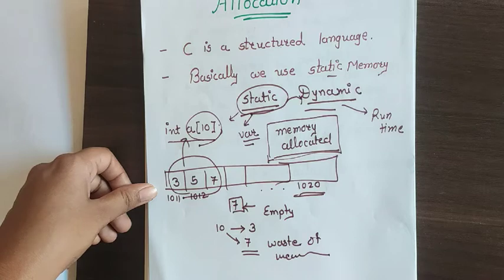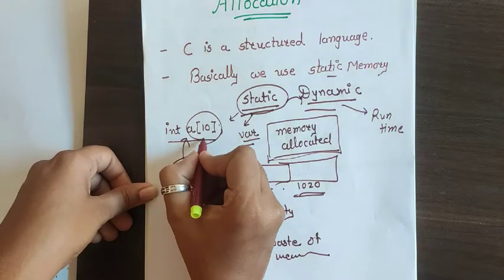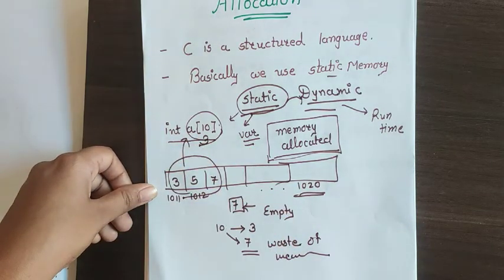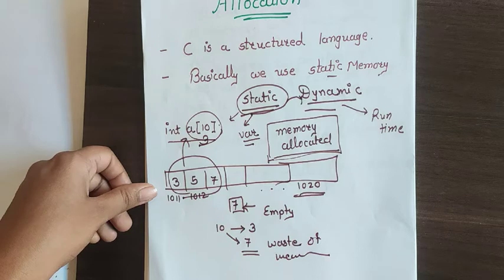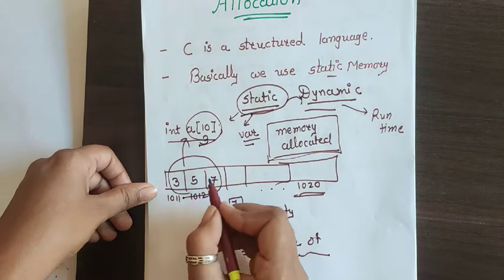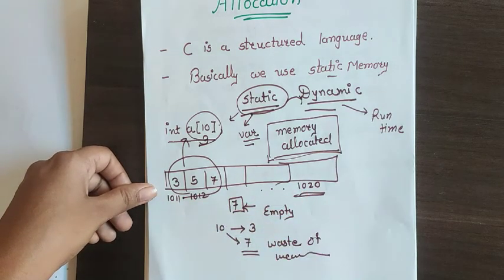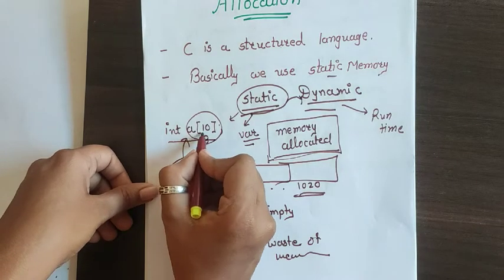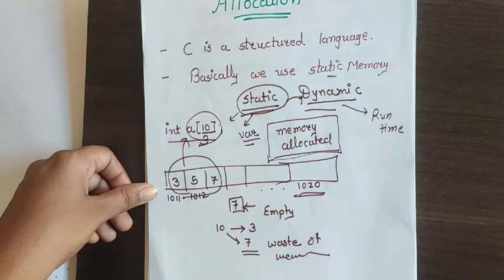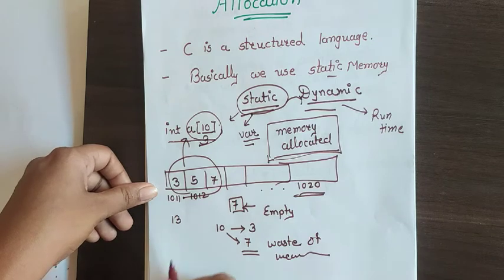Now if you say that instead of 10 I initialize with 3 only, right? You can do that. But each and every time of the execution you are not aware whether you are going to use 3 data, 4 data, 5 data, right? It might be possible that I am having 10 data and at the time of execution I need 13 data.